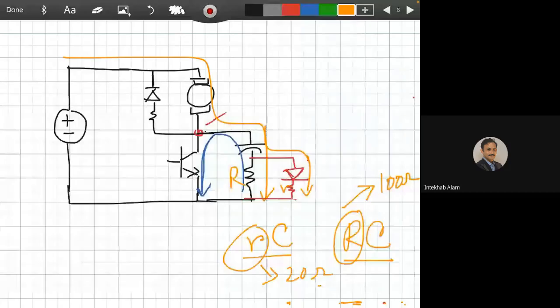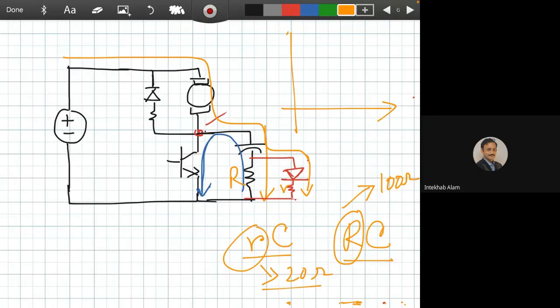5 times or others. And the interesting thing is that it will have a voltage spike. Since it is a voltage spike, the time is very small here, so the energy will be very small.